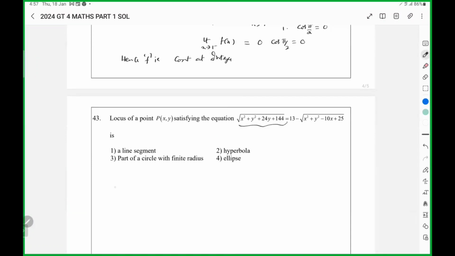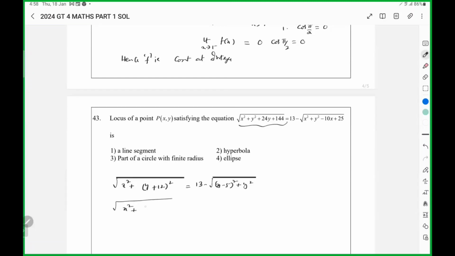If you consider this root function, I can rewrite it as root of x square plus (y plus 12) whole square is equal to 13 minus root of (x minus 5) whole square plus y square.